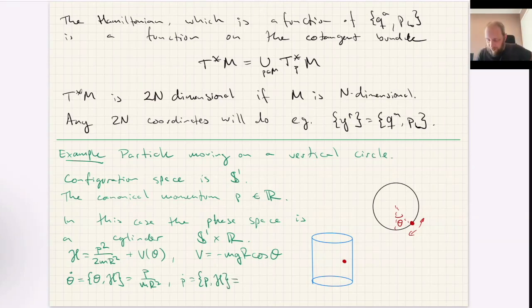So computing that, I get minus mgr sine theta. That's just computing the Poisson brackets. So with that, I have the time evolution of essentially any point here. I can write that down. Any questions so far?